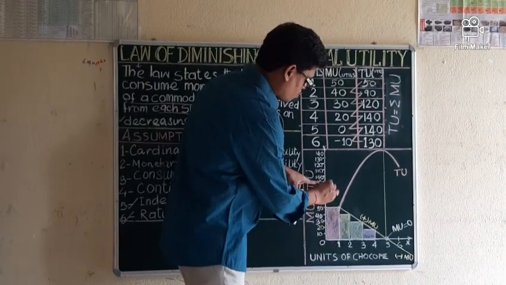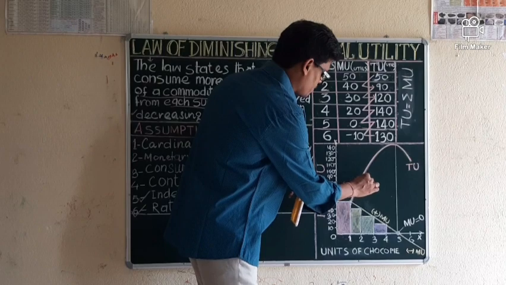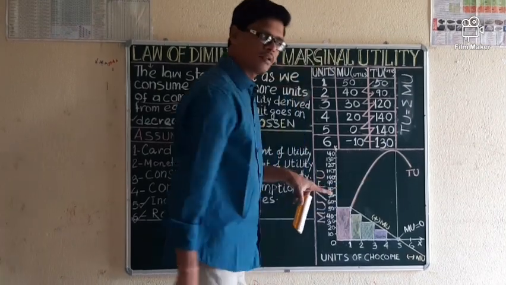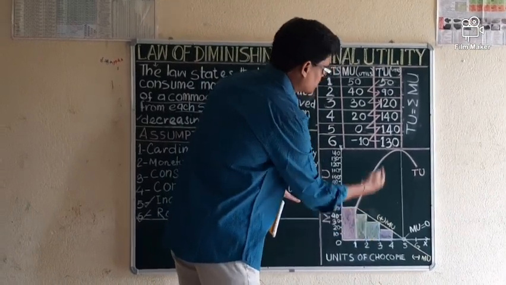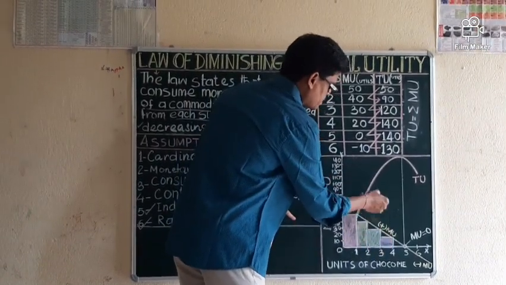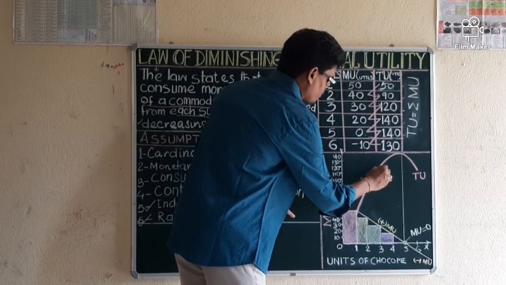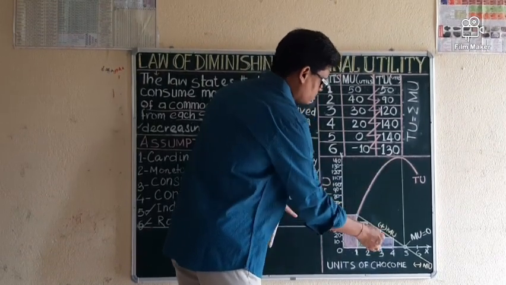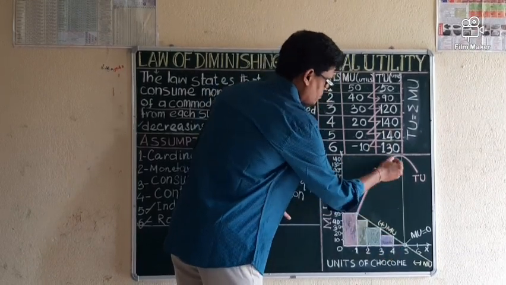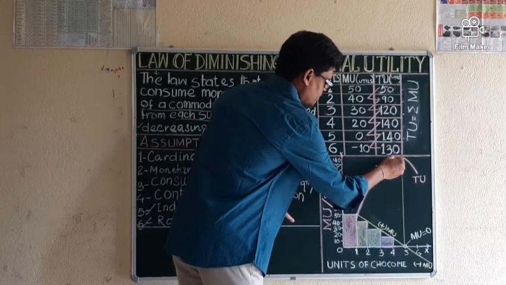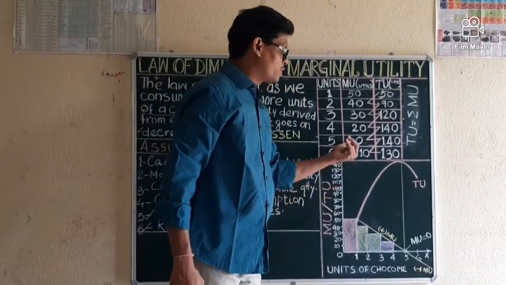So now, the corresponding line, if we extend, it is coming here. So now, it is 90. With the third unit, 90 plus 30, 120. So if we extend here, it is coming up to 120. And next one is 140. It is here. And the fifth one is giving us 0 marginal utility.